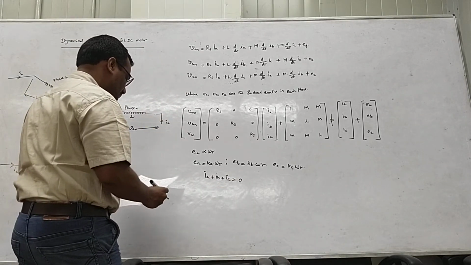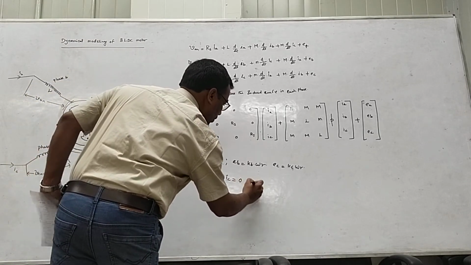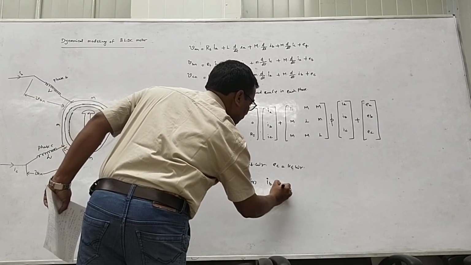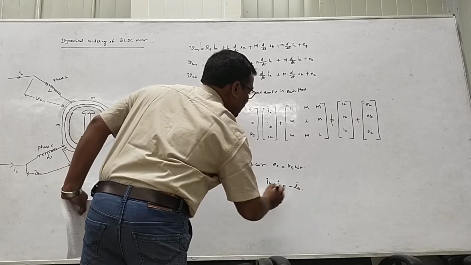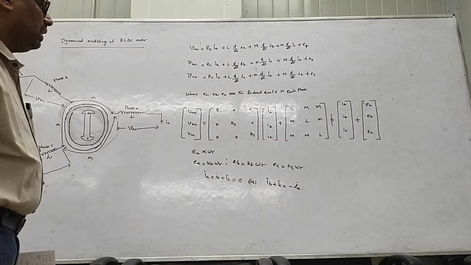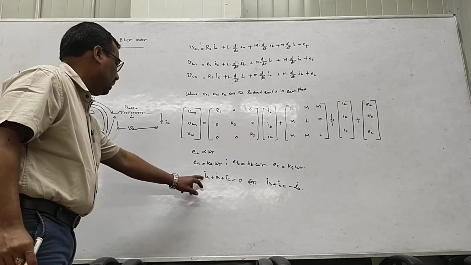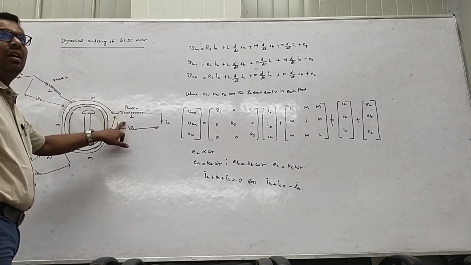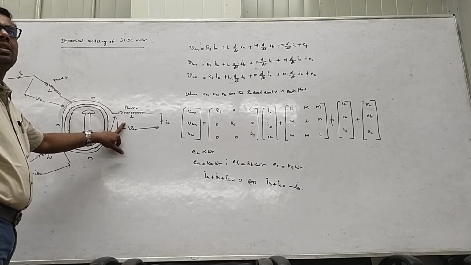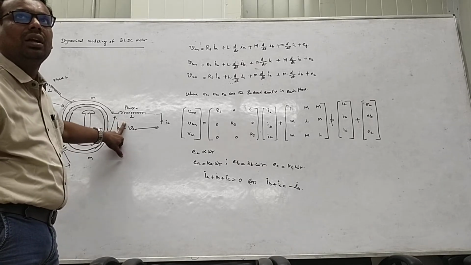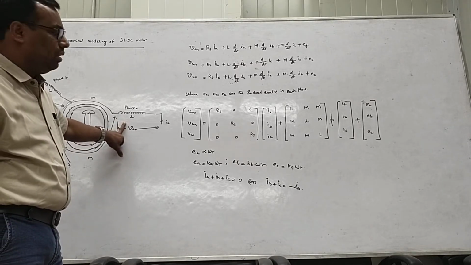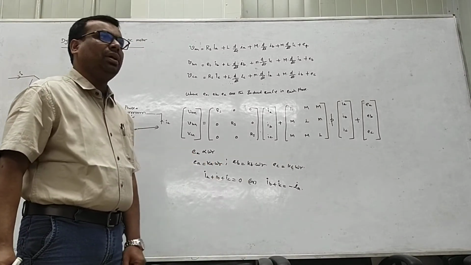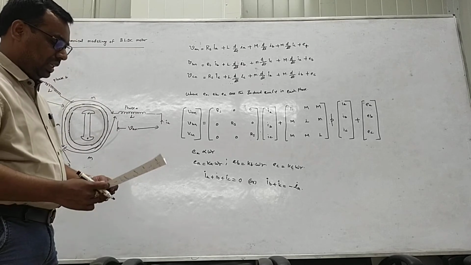So from this equation, you can write IB plus IC is equal to minus IA. Why I am writing this: if you observe this star connection of the stator winding, your brushless DC machine is connected in a star fashion, so IA plus IB plus IC is equal to 0, and therefore IB plus IC is equal to minus IA.